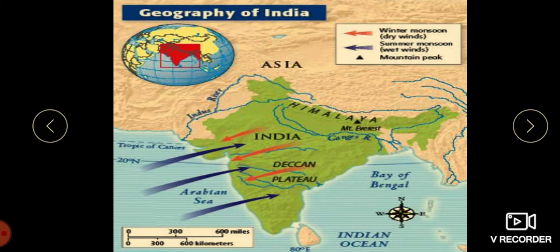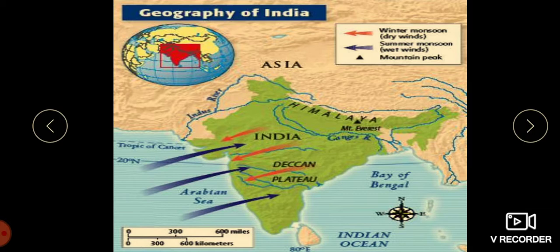Now let us move on: there are two branches, children, of the southwest monsoon. One is the Arabian Sea branch, and another one is the Bay of Bengal branch.